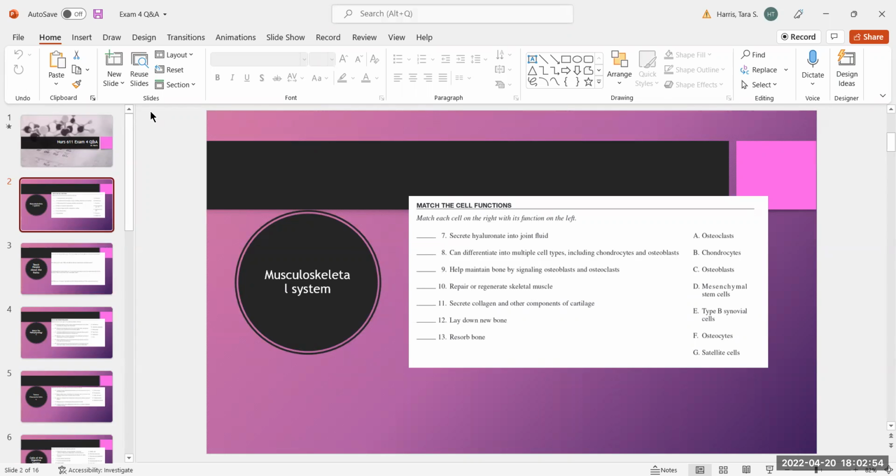But for anybody that wants to look at the recording, if we go through this and we want to match the cell on the right to the function of it, then I can go through that and just give you a synopsis of what those cells would do. So we want to match the cell on the right to the action that it does on the left. And I'll make it self-explanatory.